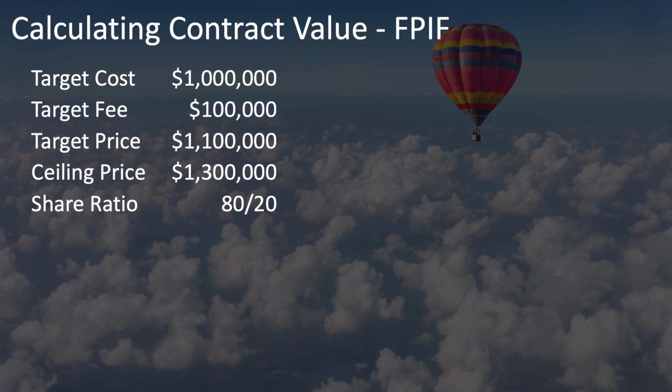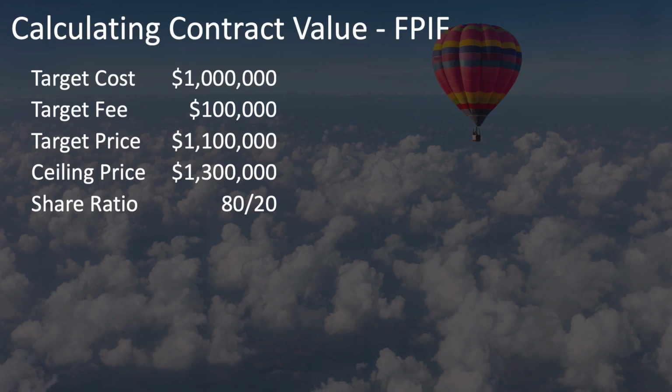Let's also suppose that based on ranges of your independent cost estimates, you determine that the most you should have to pay for this project is $1.3 million. So you set that as your ceiling price. Let's say that your cost estimates also indicate that there's a fair amount of uncertainty regarding these costs, within these ranges anyway, so you decide to bear most of the cost of any cost overruns.